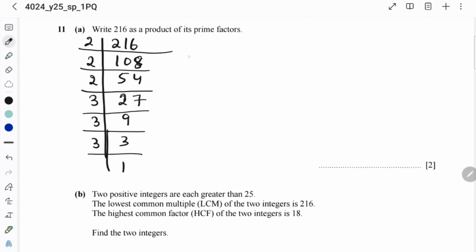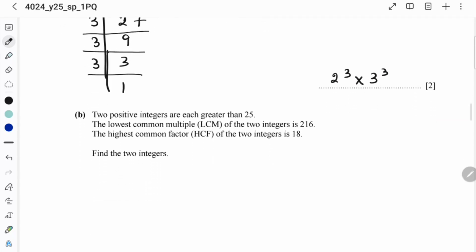So the product of the prime factors of 216 is 2 cube into 3 cube. All right, so that is the number, 2 cube into 3 cube.